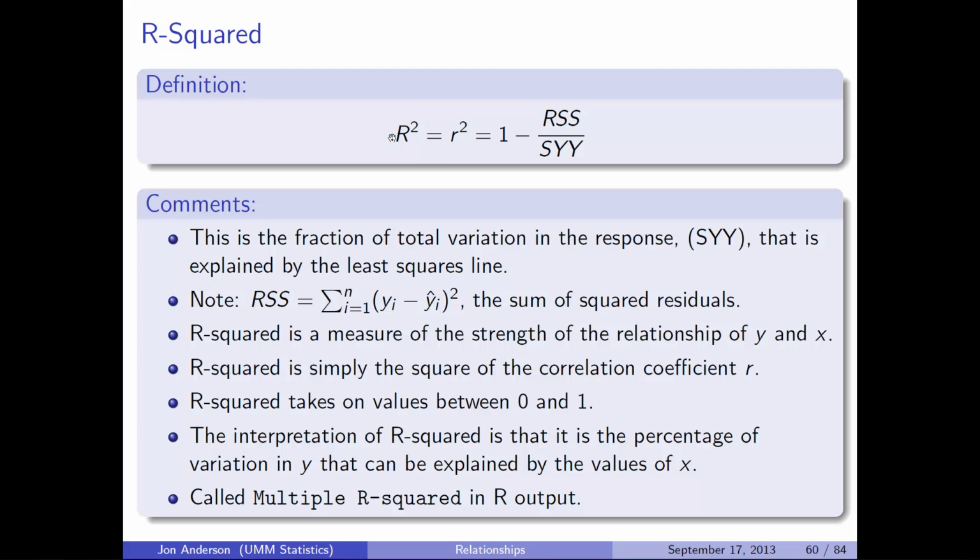We can interpret this number to be the proportion or the percentage of variation in the response that can be explained by the values of the predictor.